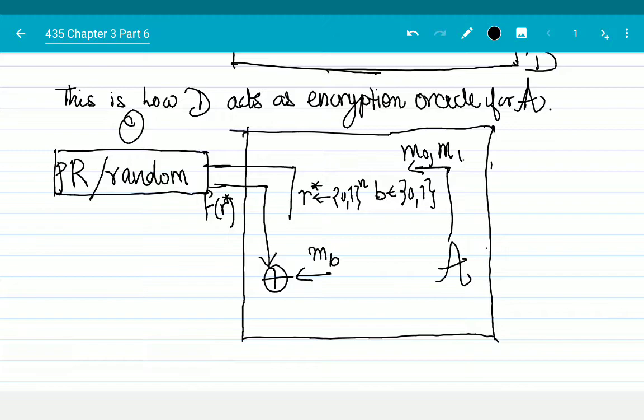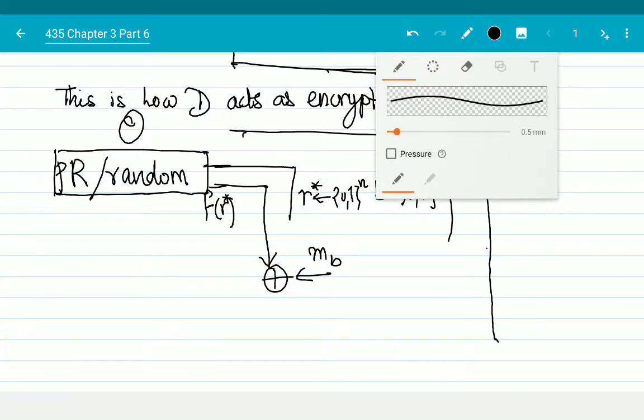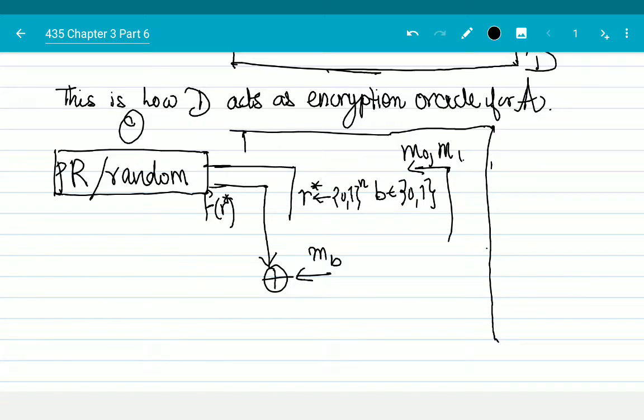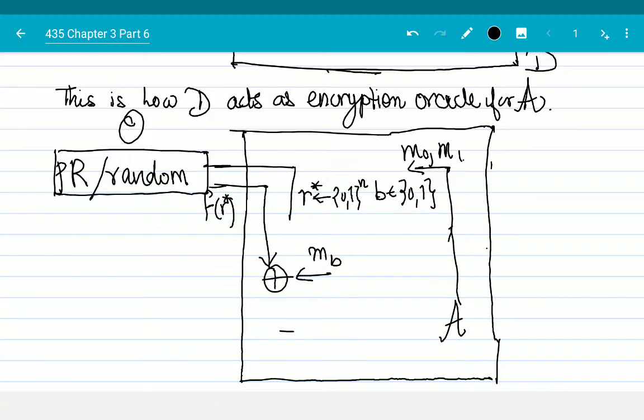And then you send this ciphertext to A, which is r star, comma, f_r star XOR M_b.